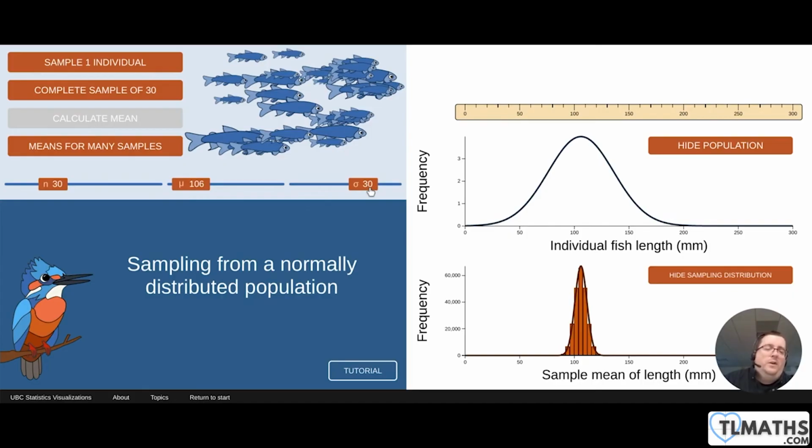Because we're not going to test the standard deviation, sorry. We're going to test the population mean. So, does that sample of size 30 that I've collected suggest that the population mean is actually greater than 106, or less than 106, or different to 106?